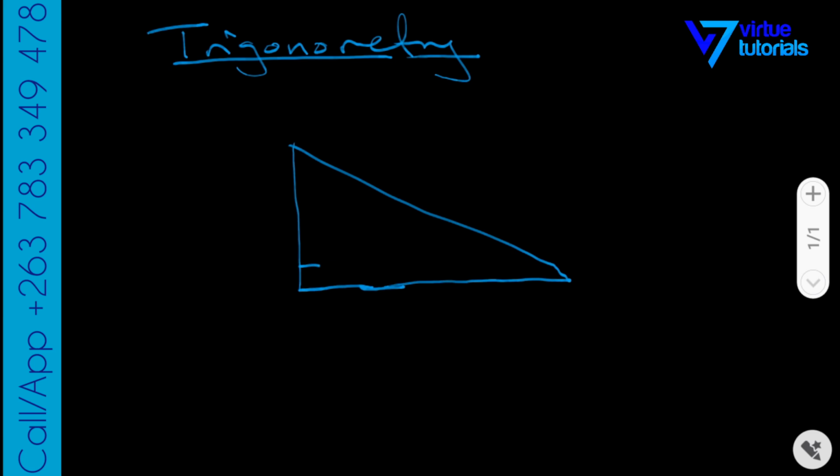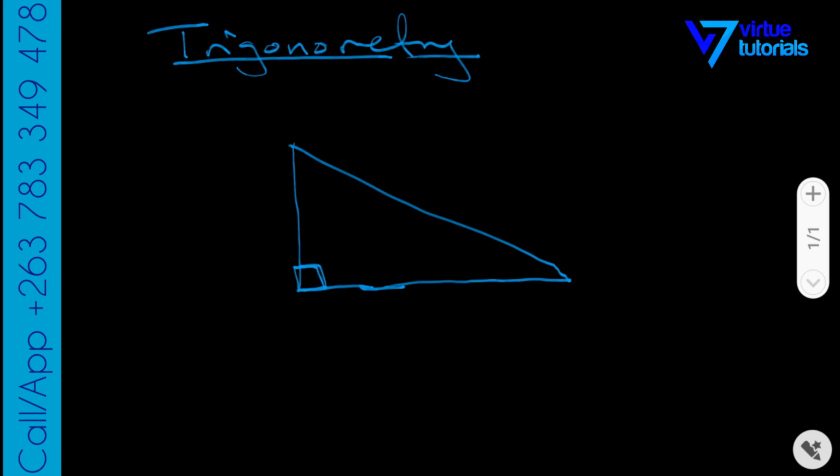So, this little square in the corner shows you the 90 degrees there. Any triangle with an angle of 90 degrees is a right-angled triangle. Now, for every right-angled triangle, the side that's opposite the right angle, or the side that's opposite the 90 degrees, is the longest side of that triangle.